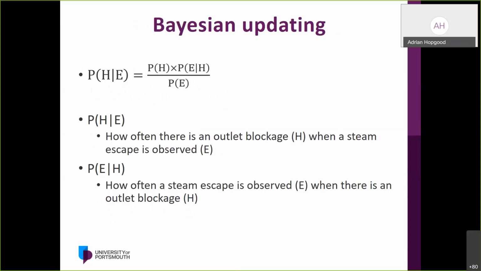Now, this is the only equation in the whole workshop, in this slide on Bayesian updating. I mentioned this idea that you might have a probability associated with a rule or the conclusion of a rule. And Bayesian updating is probably the best established technique for that.